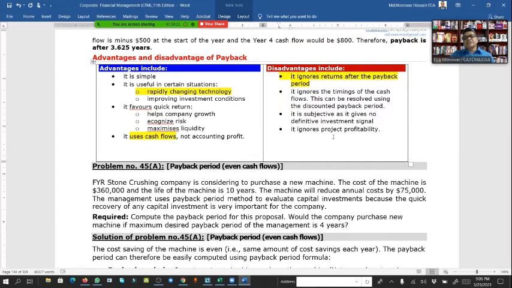This can be resolved using the discounted payback period. It also gives no definite investment signal and ignores project profitability. These are the disadvantages of the payback period.